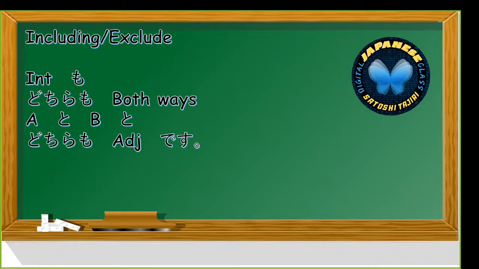I will forgive you even though you didn't put sensei. Okay, make up for it. Jasmine: I'm sorry, sensei, I forgot the sensei. But okay. Okay, go ahead. Umi to sora to dochira mo aoi desu. Very good. Dochira mo, ao desu. Both are blue.